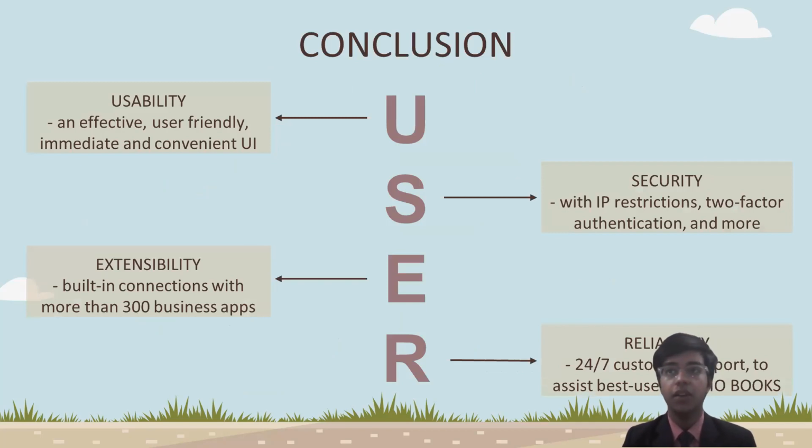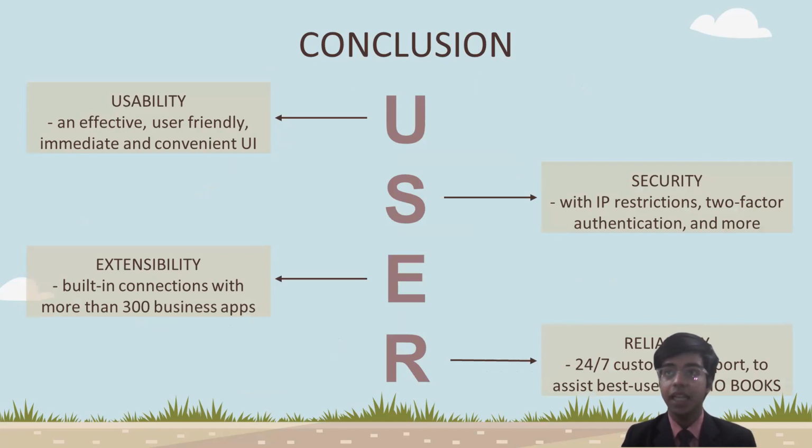Now, in conclusion, I would like to tell you that Zoho is based on the formula of USER, which is usability, security, extensibility, and reliability. By usability, we mean that Zoho has a very simple and user-friendly interface. Even somebody who is a novice in the computer world can understand and use Zoho. By security, Zoho has several IP restrictions and two-factor authentication.